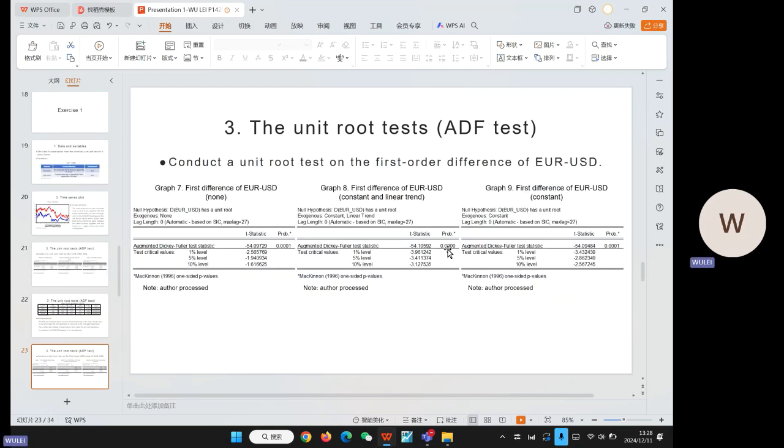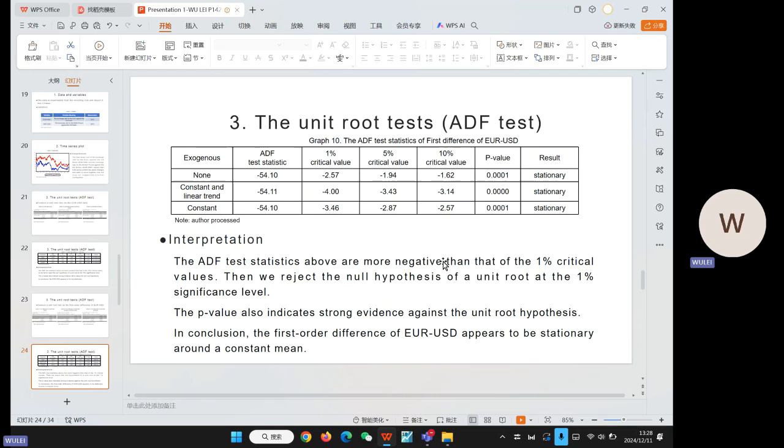So we need to conduct a unit root test on the first order difference of EUR-USD. The three pictures are the results of the test. The ADF test statistics are shown in graph 10. The ADF test statistic is more negative than the 1% critical value.